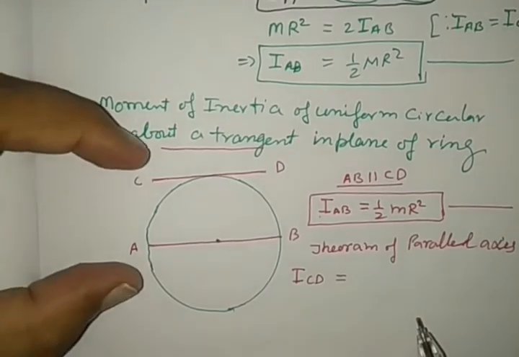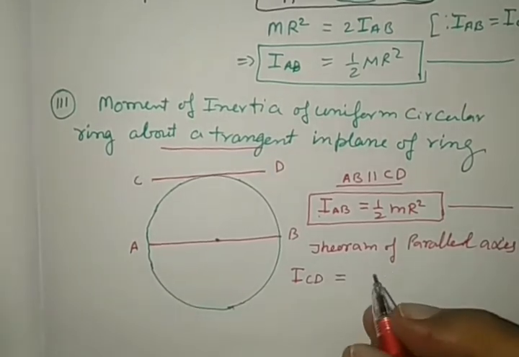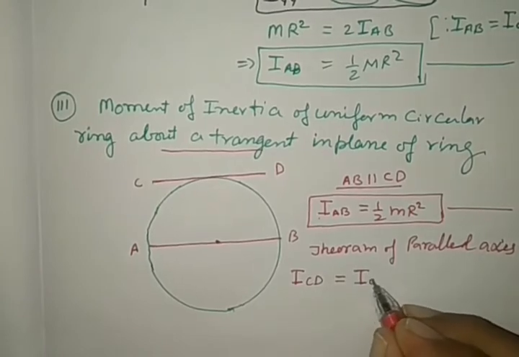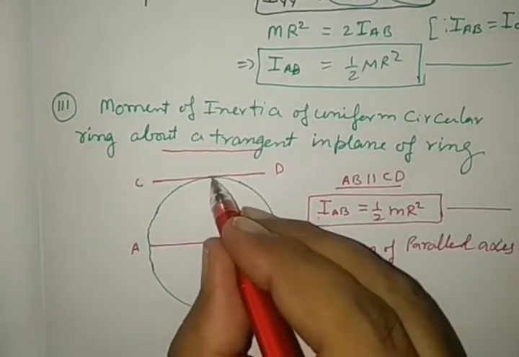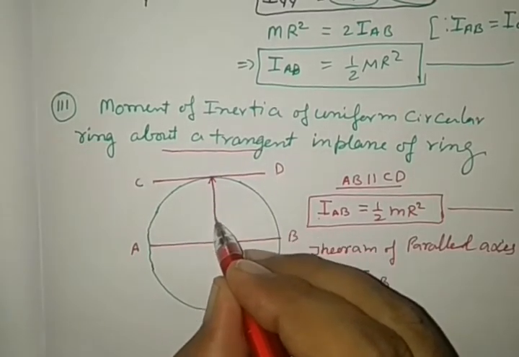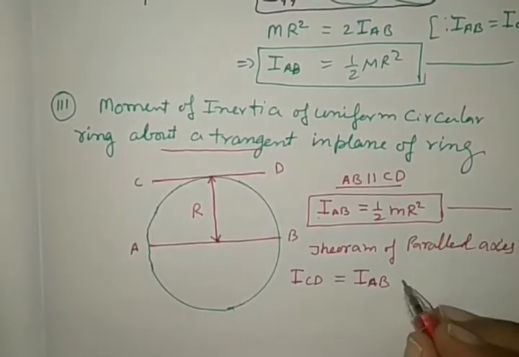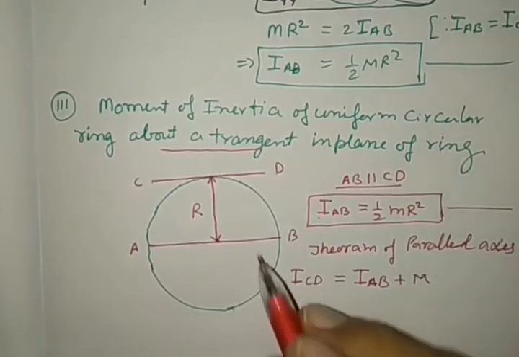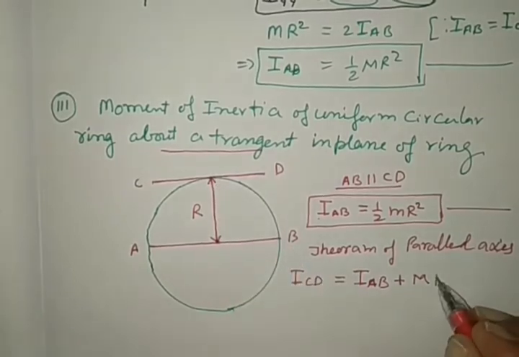If two parallel axes are given, the theorem of parallel axis says: the moment of inertia about the center of mass, this is AB, passing through the center, plus the mass of the body times the square of the distance between both axes of rotation.